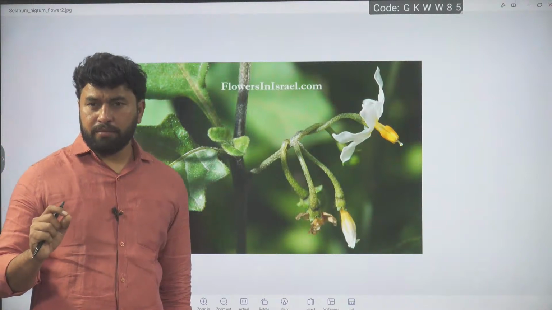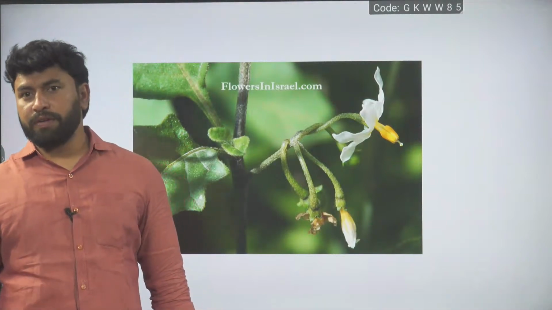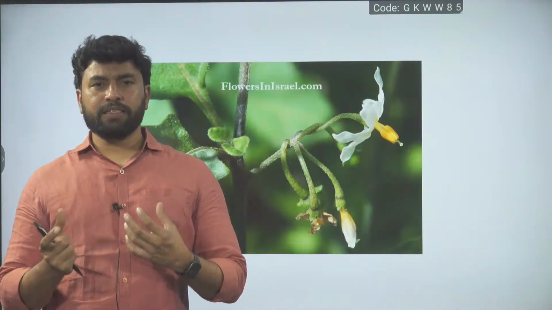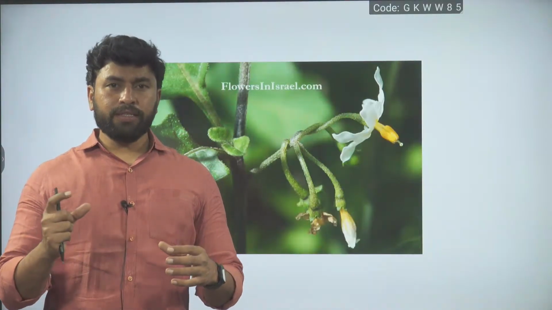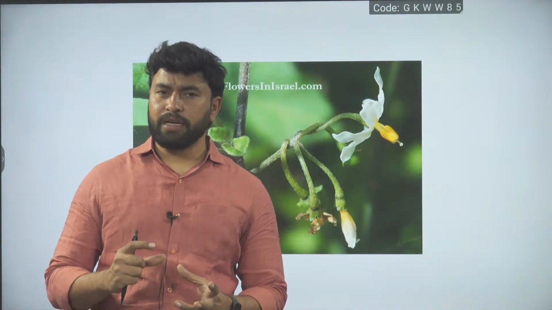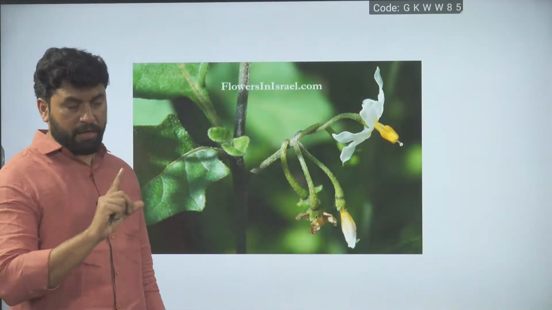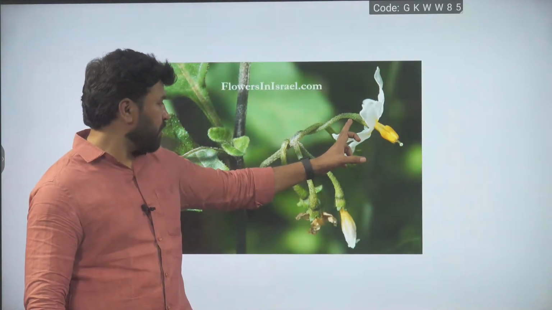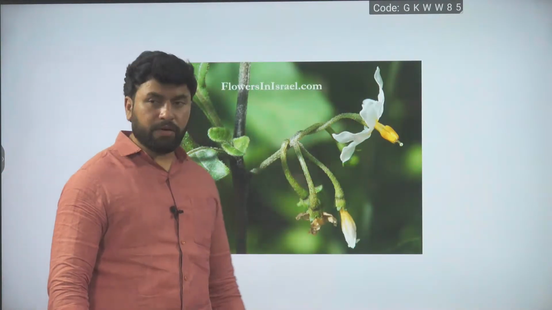It has cymose type of inflorescence because in our NCERT book, as an example of the Solanaceae family, they explained the characters of Solanum nigrum. I will recall it one more time, but keep it in mind. It ends with a flower, and young flowers are always going to develop at the base of the old flower. This kind of arrangement is called cymose inflorescence.